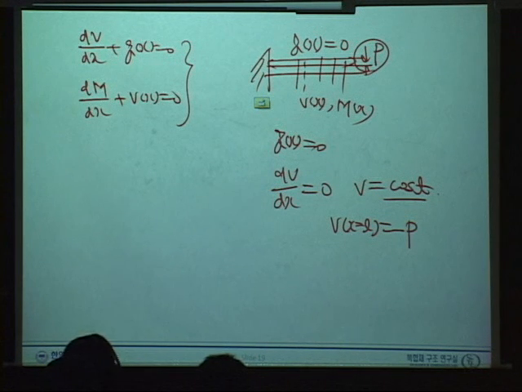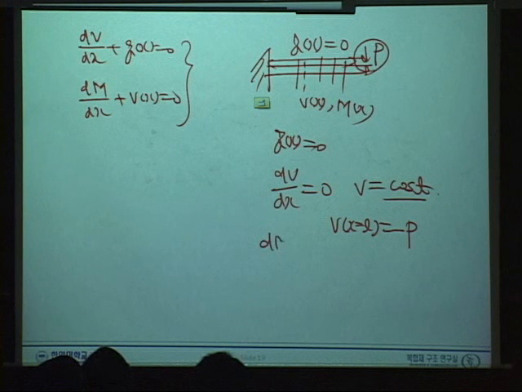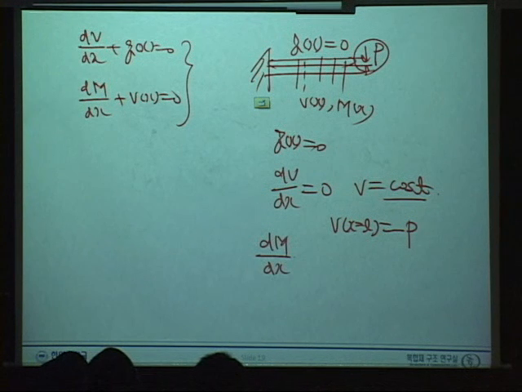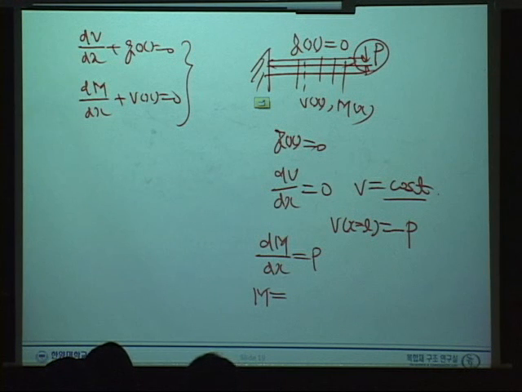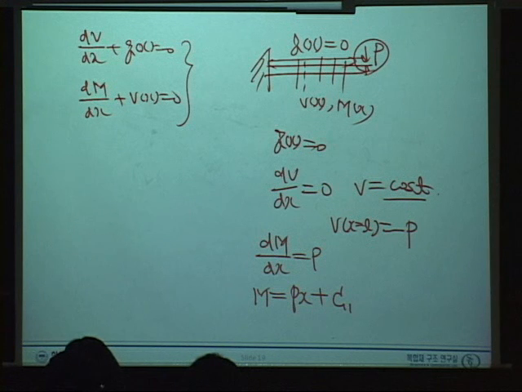Now, how do we calculate the moment distribution? Using the second equation, dM/dx, V(x) is minus P, so it should be P. So let's calculate the moment. Just integrate, and M equals Px plus a constant. Yes, there is an integration constant. This is the equation.